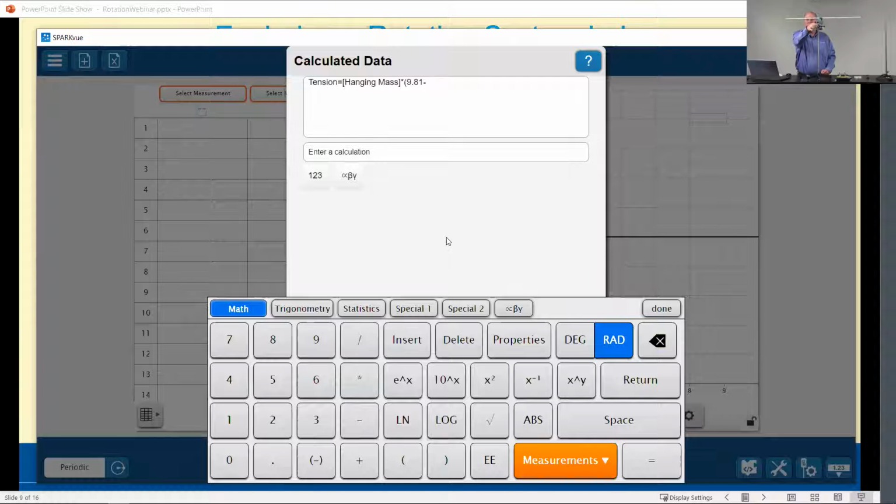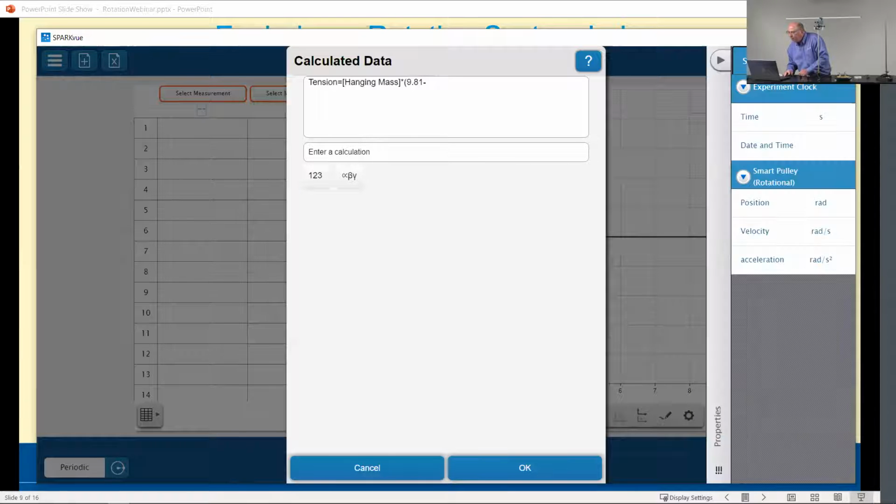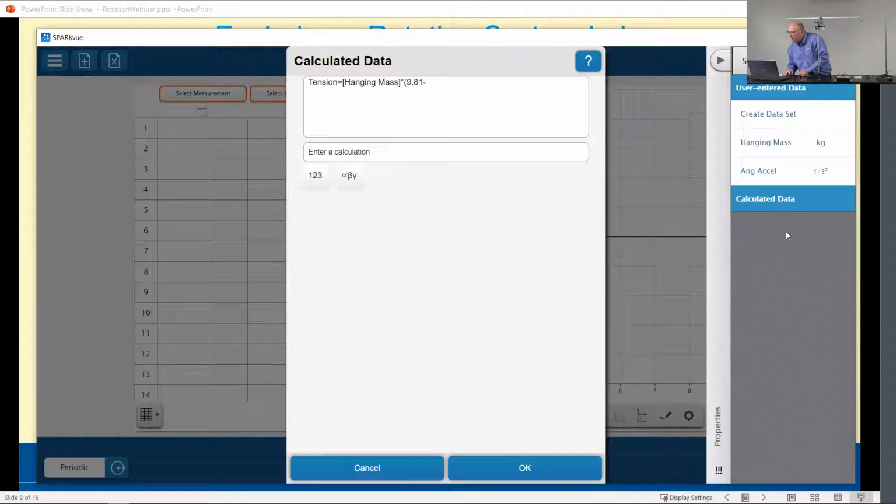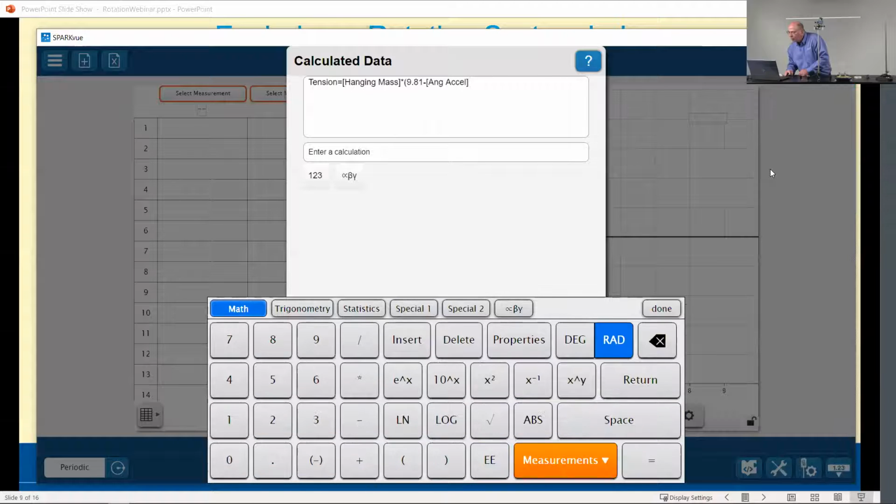And the radius is 2.4 centimeters. So I want to multiply the angular acceleration by the radius.